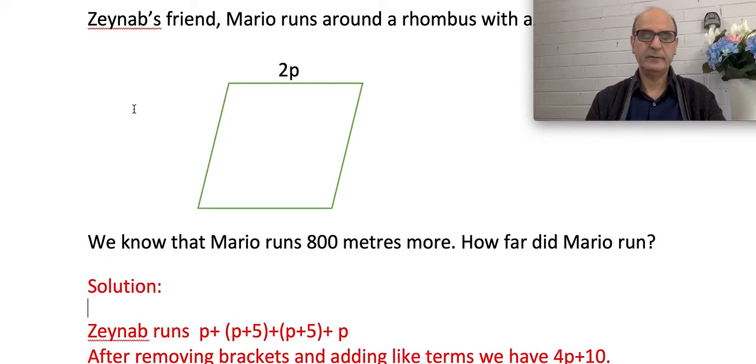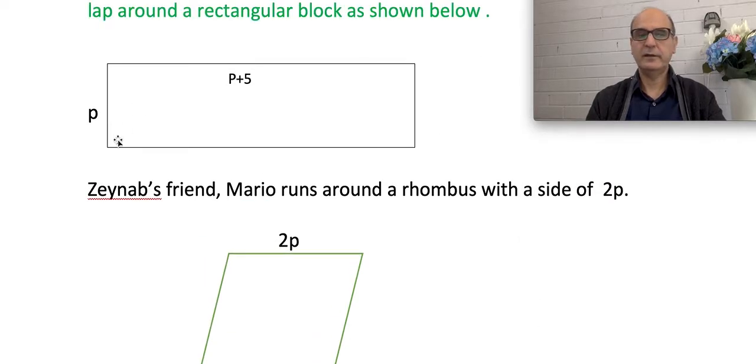Okay, now let's see how far Zainab is running. P plus P plus 5 plus P plus P plus 5, because this is also P, they are equal, and this is P plus 5, this is equal to this side.